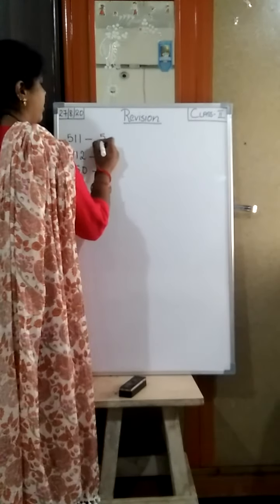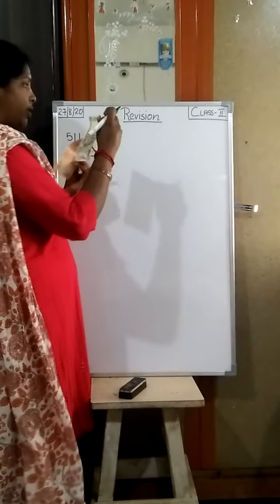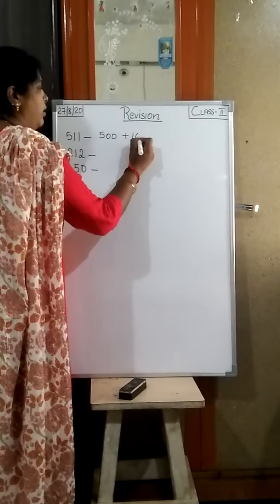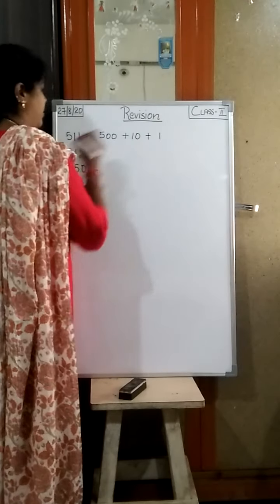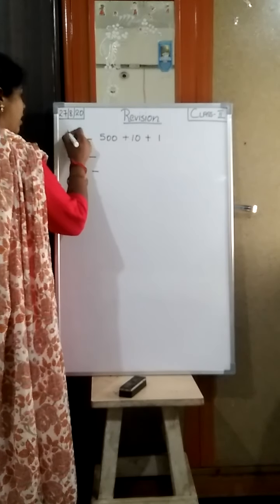Okay. See children, now I am having 500 rupee note 1, 10 rupee note 1 and 1 rupee coin 1. So I will write 500. Now I am having 500 rupee note 1, right? So 500 plus 10 plus 1. If you are having any confusion, you can write on the top ones, tens, hundreds.